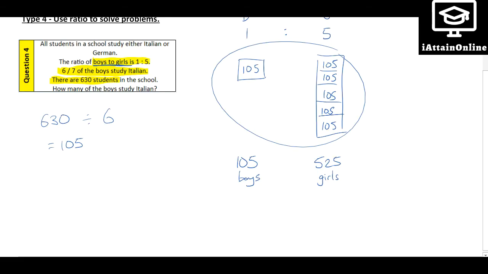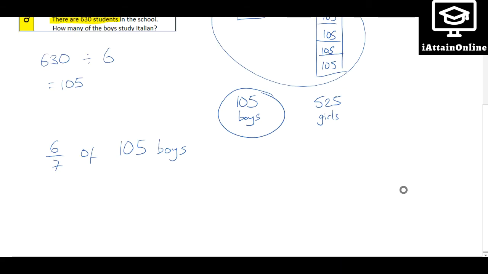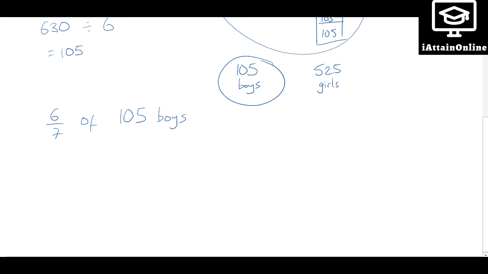Okay, now what I want to do is, of the boys, 6/7 of those boys study Italian. So I'm basically trying to find 6/7 of 105 boys. Now remember, with fractions of amount, to find 1/7 of 105, we're splitting 105 into 7 equal parts, and that will tell us what 1/7 is.